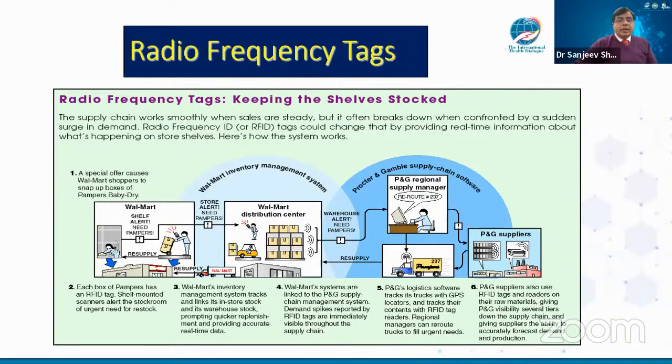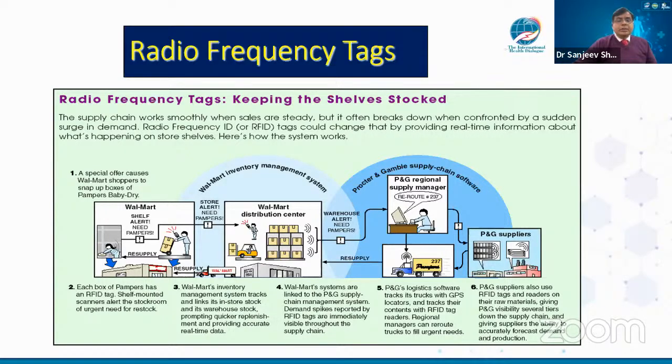This also checks how much the CFA has, and all the trucks where supply comes from are also radio frequency tagged, so we know correctly how fast we can replenish our stocks.